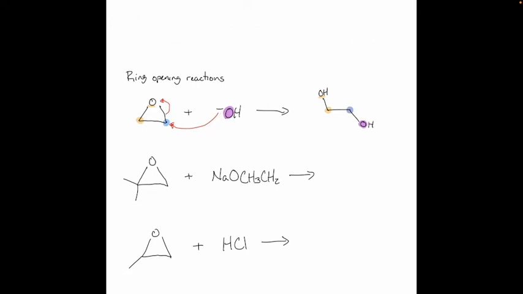All right, so these reactions will look like this, where you have a nucleophile being added to one side of your epoxide, and that means an alcohol group is forming on the neighboring carbon. So this is the pattern we're going to see over and over again for these reactions.